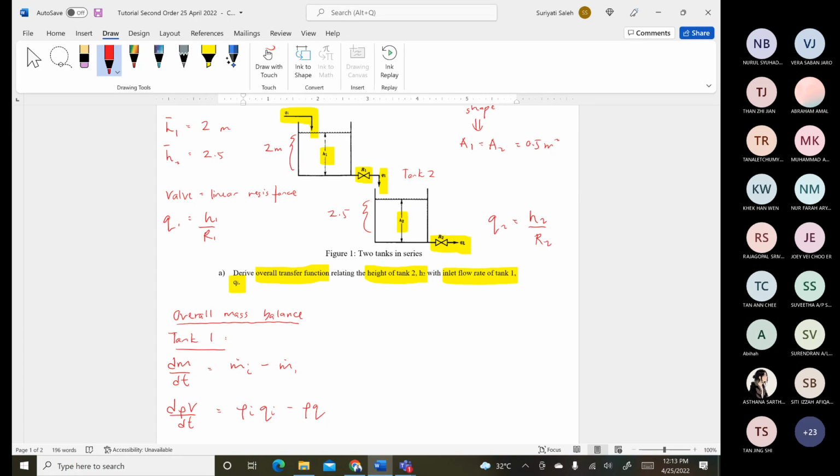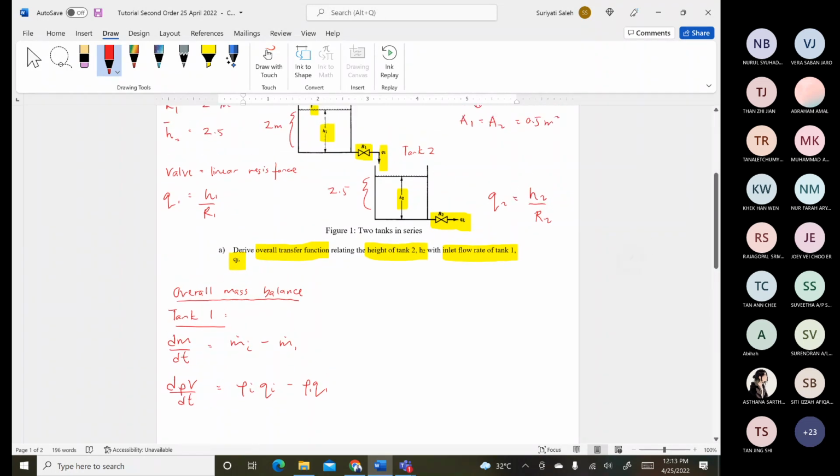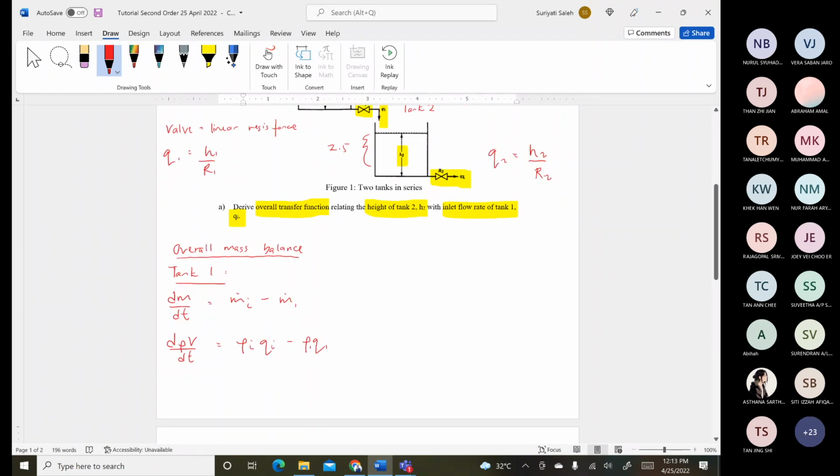Although in our class before, we used F to represent the volumetric flow rate, please do not use F, just use Q. We need to be very flexible, in accordance with the information given in the question. So here we have rho Q1 to represent the exit flow rate of tank number 1. This equation, if we expand it, becomes rho dV/dt plus V d-rho/dt.